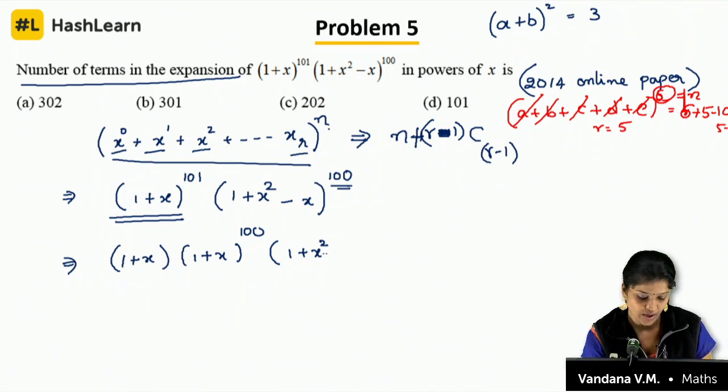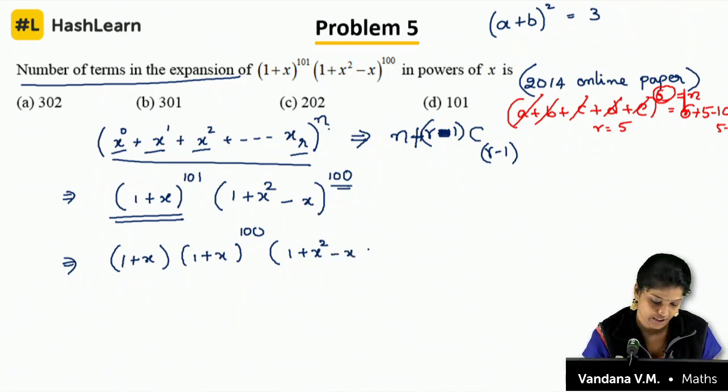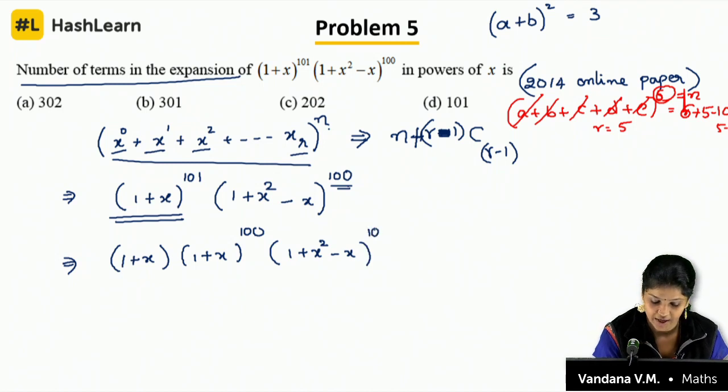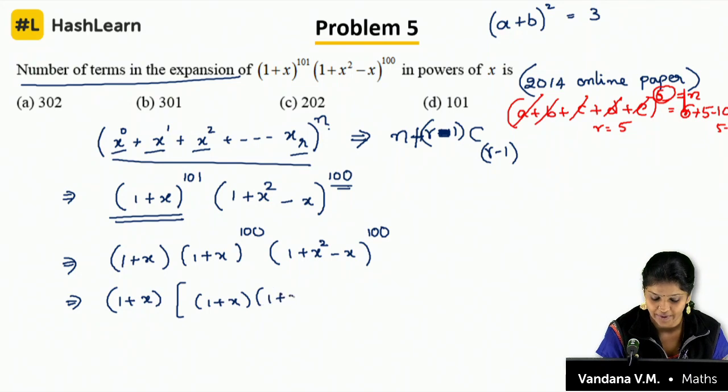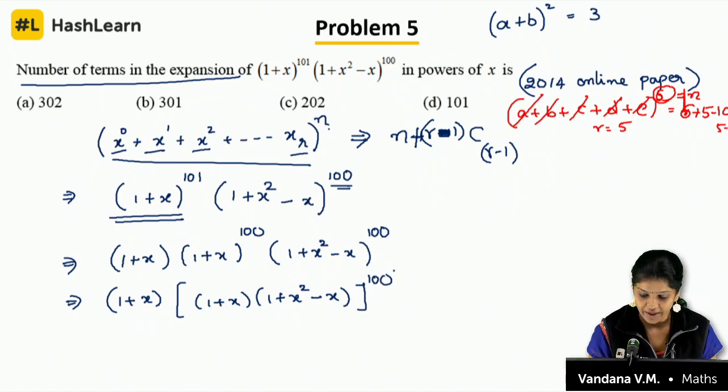What I was telling, yes, 1 plus x minus x square whole power 100. This can be written as 1 plus x into 1 plus x square minus x whole power 100. Just observe here.